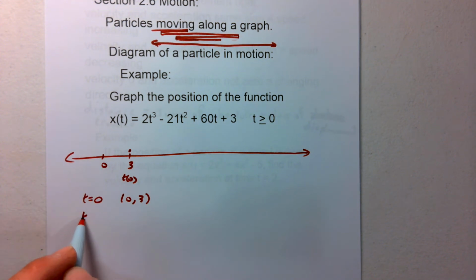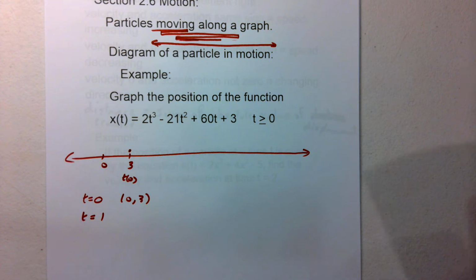And then we can go ahead and look at time 1. At time 1, if you plug 1 into that value, we can do this in the calculator pretty quickly. Go to your y equals, clear out your y, and type 2x to the third minus 21x squared plus 60x. Remember that x's and t's don't matter, it's all just a variable.